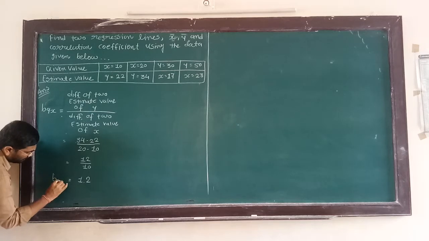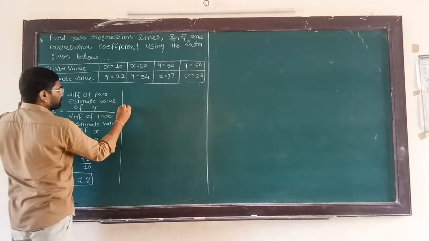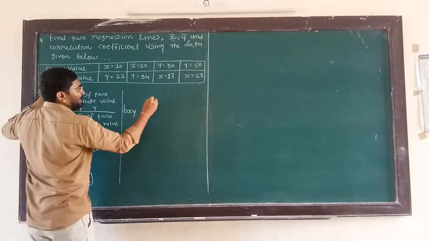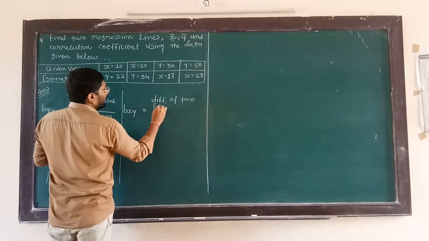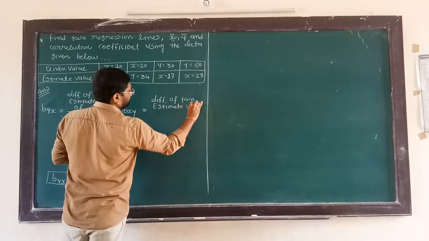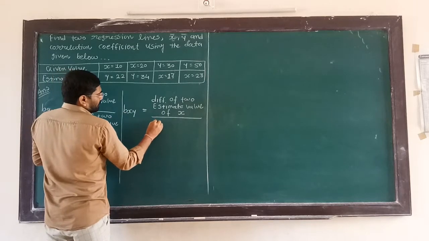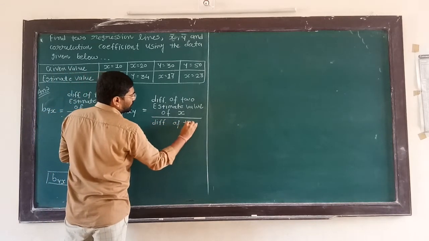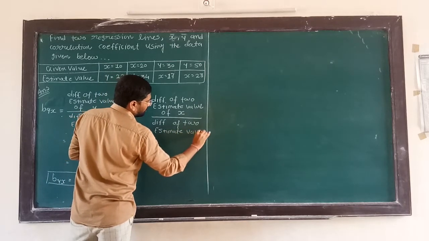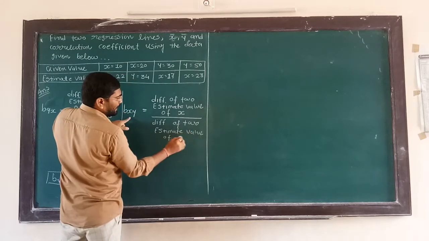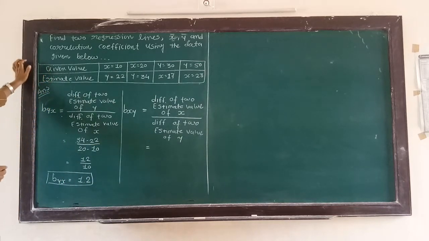So byx is 1.2. Same as, we find bxy. The formula is the difference of two estimated values of x upon the difference of two estimated values of y.